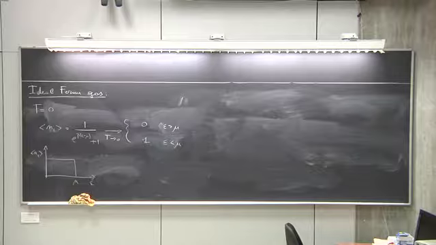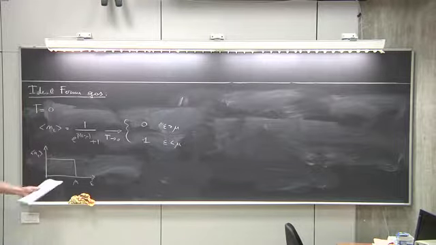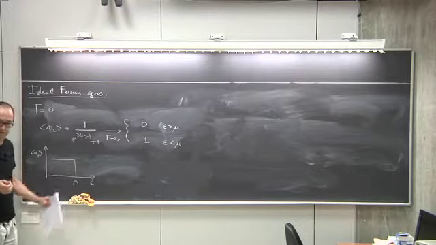So it means that all the states with energy less than mu are occupied, all the states with energy larger than mu are empty, and all the states with energy less than mu are occupied by just one particle.